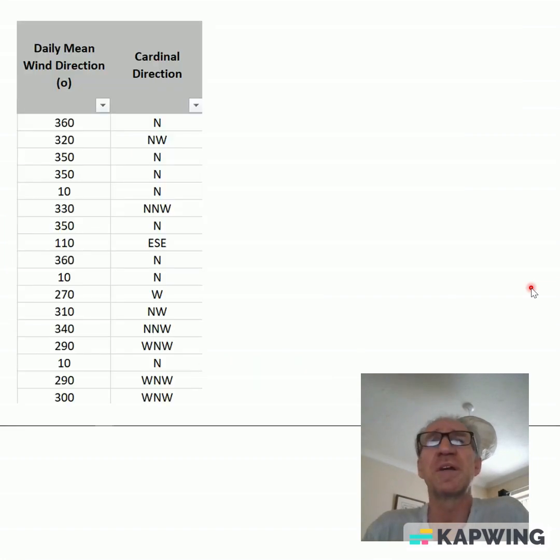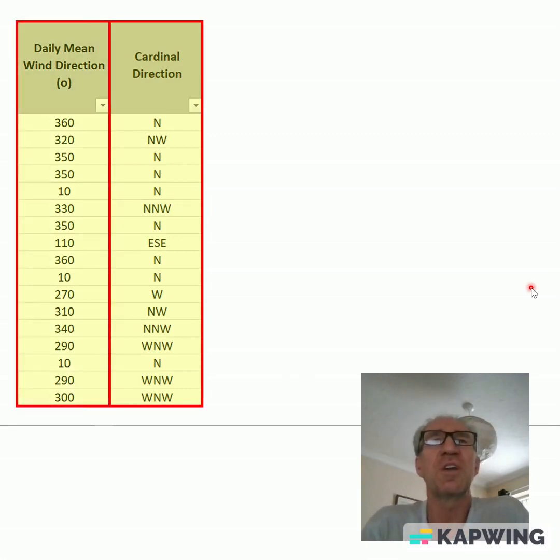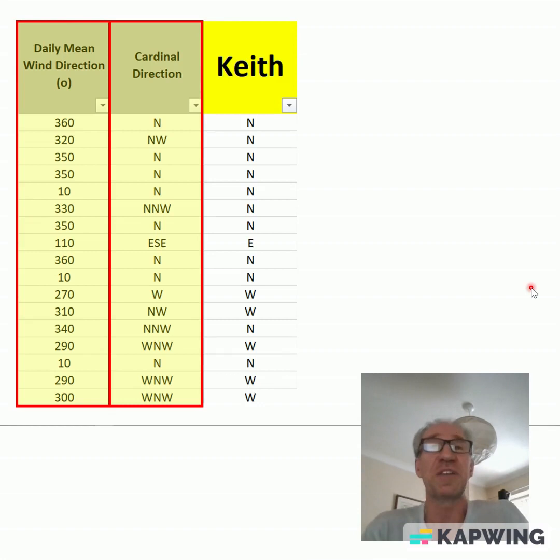Try and work out which to get that. On the large data set, it doesn't give you north, south, east, and west for the direction of the wind. It gives you north, northwest, and east, southeast. So what Keith did, he looked at the actual direction in degrees and rounded them off to the nearest north, south, east, or west.